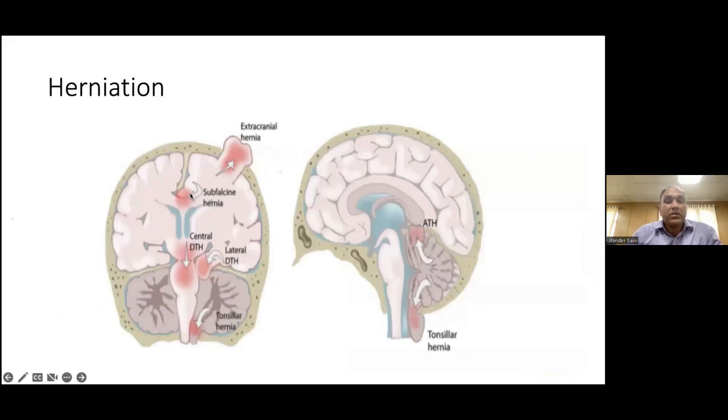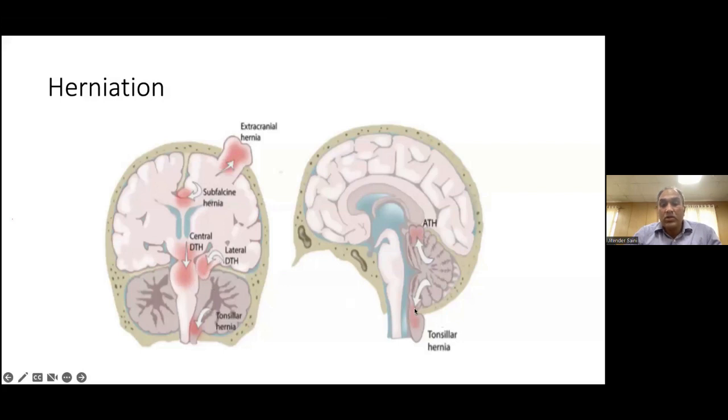As I mentioned, subfalcine herniation, this is a coronal scan. You can see subfalcine herniation happens around the falx. If there is a bony defect because of an old surgery, extracranial herniation can happen. Central means the whole supratentorial brain tends to herniate down. Then there can be the uncus, which can herniate the medial part of the temporal lobe into the hiatus here.